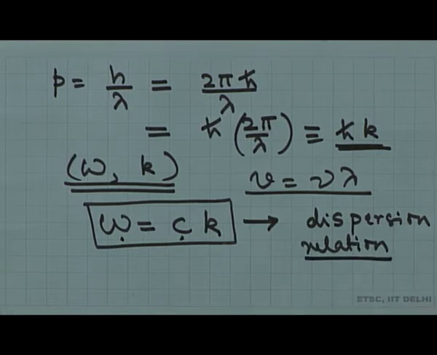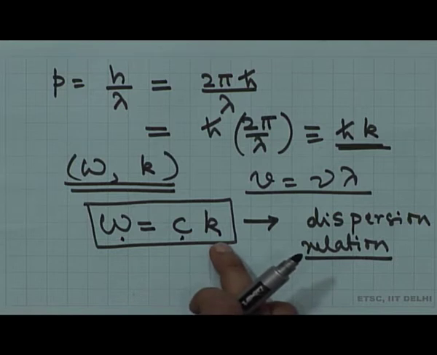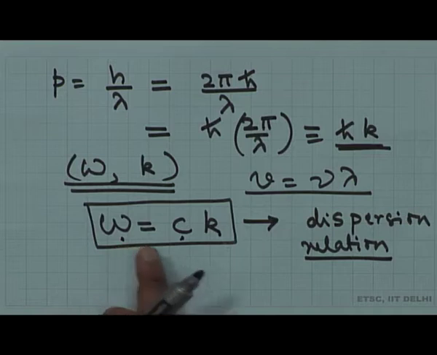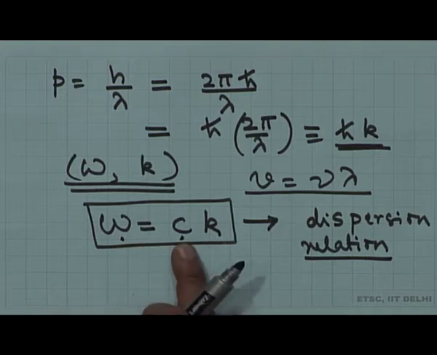So what is this telling us? This is telling us that as you keep on changing your wave number, that is, as you keep on changing the momentum of the photon, my omega also keeps changing, that is, the energy also keeps changing, such that the speed is always the same.